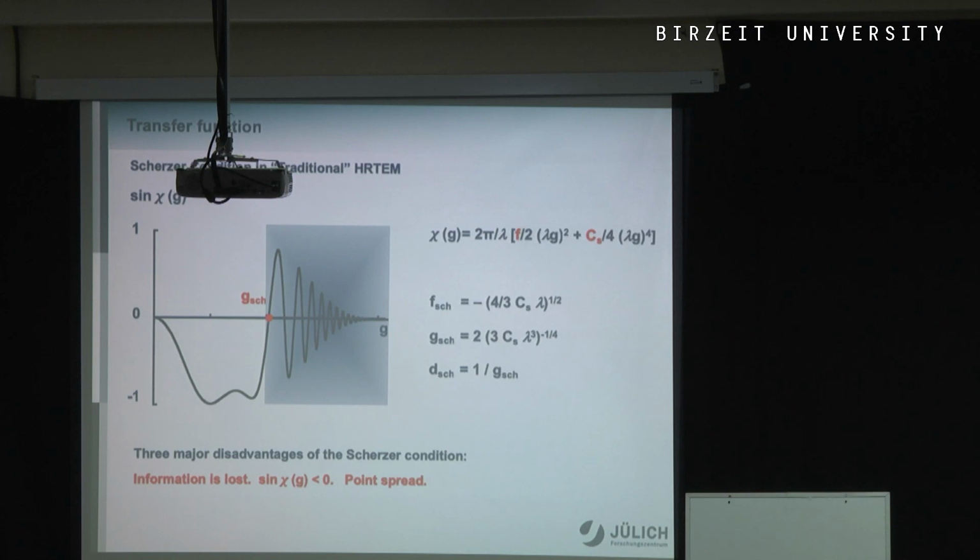In other words, the information is effectively scrambled. This point here, this crossing, is referred to as the point resolution of the microscope, of the imaging system, under optimal imaging conditions. And that is approximately the best spatial resolution that you can obtain in the presence of spherical aberration. And this is referred to as the Scherzer focus condition.